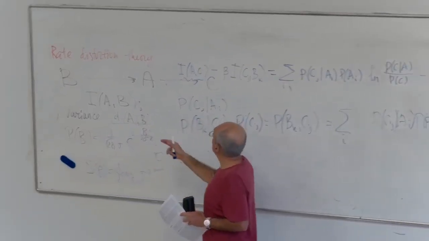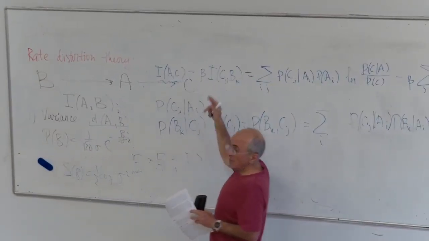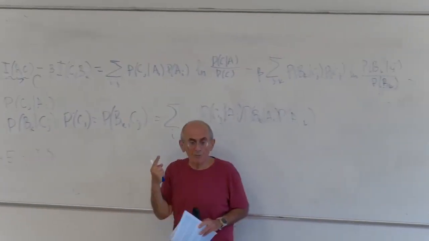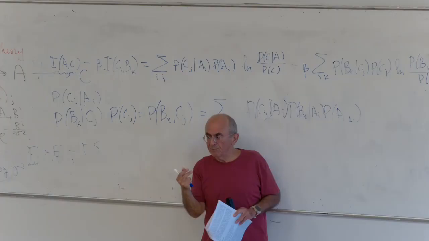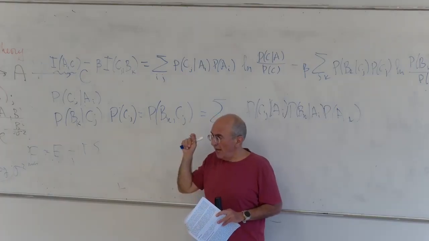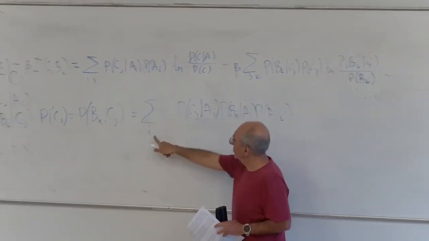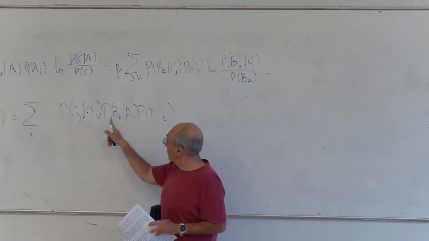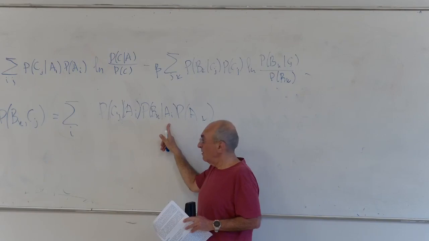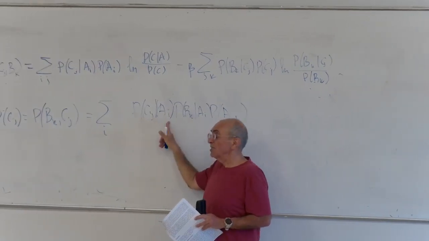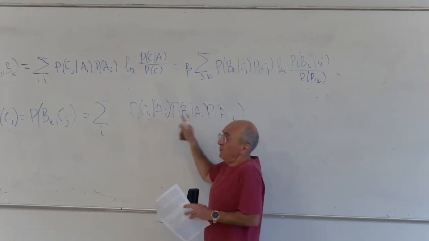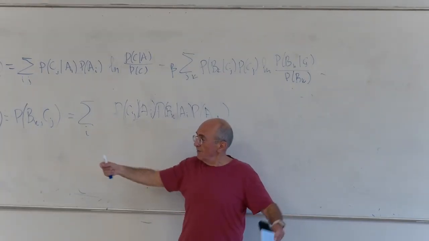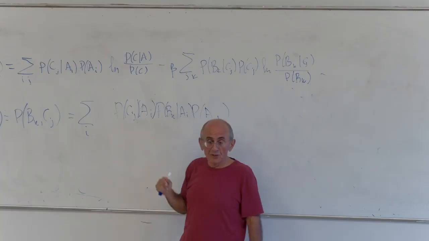Instead, we are looking for mutual information between C and B. So we expressed it through the chain rule, saying that you want to know the probability of a given pair B and C. Choose every value of A, and you sum over all i's. For every value of A, take the probability of B_k under this value, times the probability of C_j under this value. Because the moment you fix this value, they depend only on this value, not on each other. So this is the chain rule.